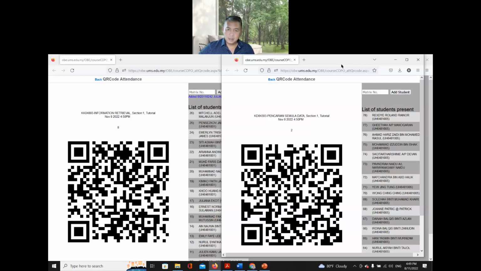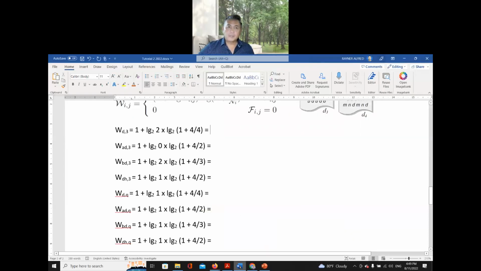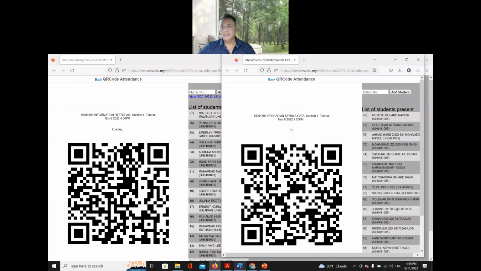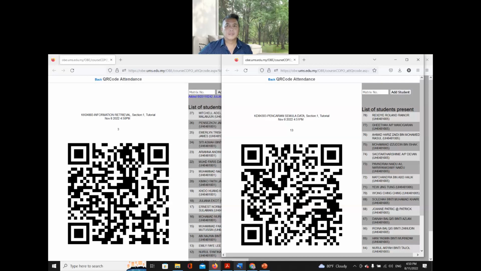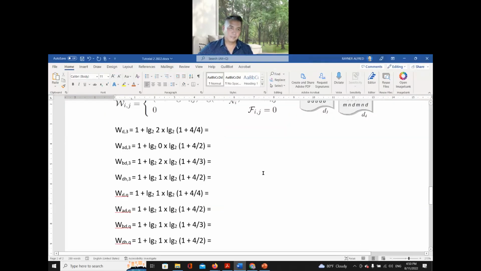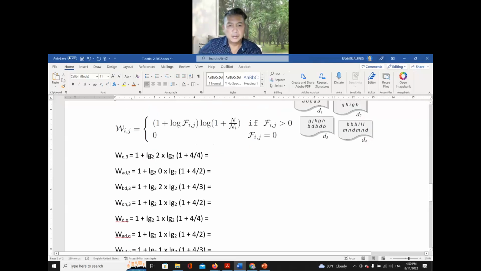Okay, so what is the answer for the weightage for D in document 3? 2. By the way, this one should be calculated first.